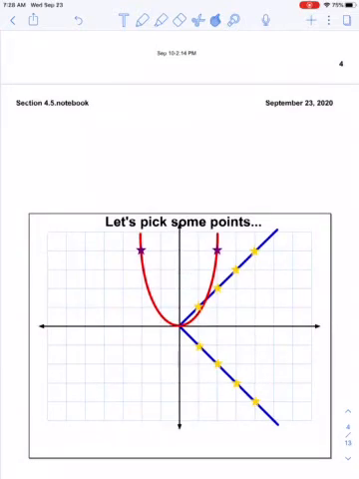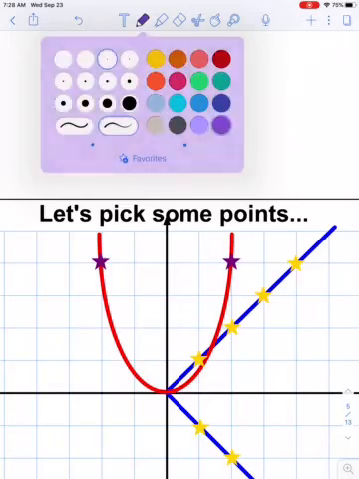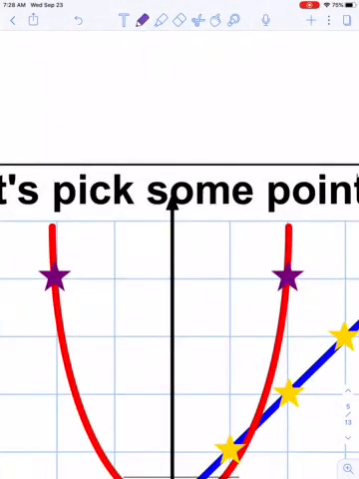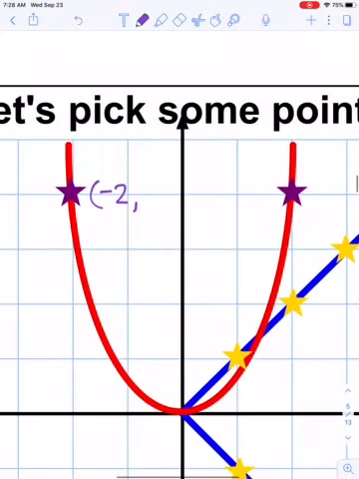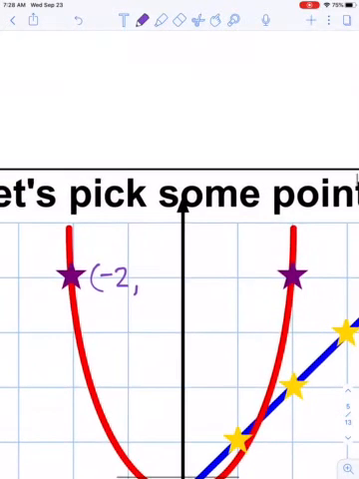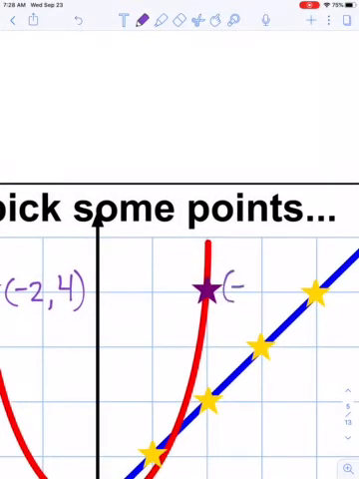All right, we want to try to figure out a fast way to be able to tell if a graph is a function by looking at it. So let's start with the red one, and it says just to pick some points and see what it's looking like. Okay, so these horizontally are on the same line. This point on the left is -2, 4.